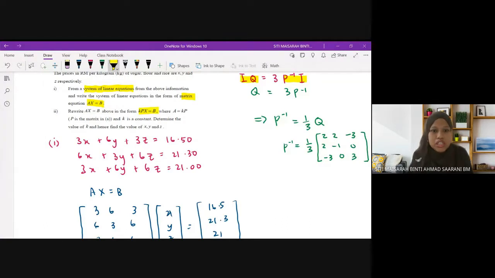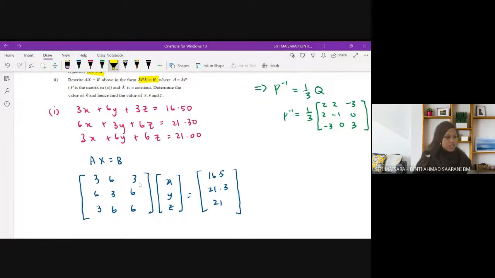So maksudnya kat sini nak dapat P kat sini, P awak is 1 to 1 kan. Kat sini 3, 6, 3. So maksudnya awak kena factor 3. Kat bawah ni kalau awak check, suppose 2, 1, 2. So kalau kita factor 3, this is 2, 1, 2. Yang bawah pun sama, kalau kita factor 3, we get 1, 2, 2. So then untuk part A ni awak kena factor 3.